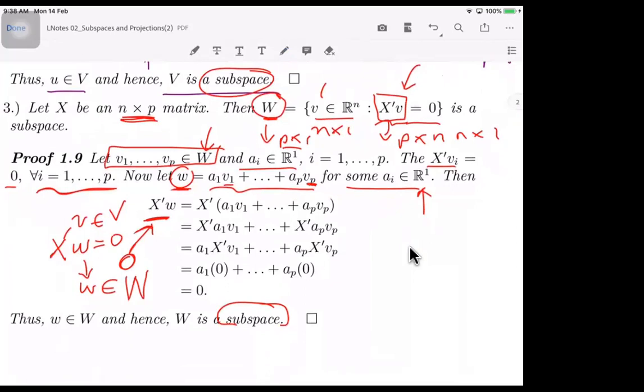So if we pre-multiply w by X prime, you will have this. w is of this form. By the distributive property, you have this.